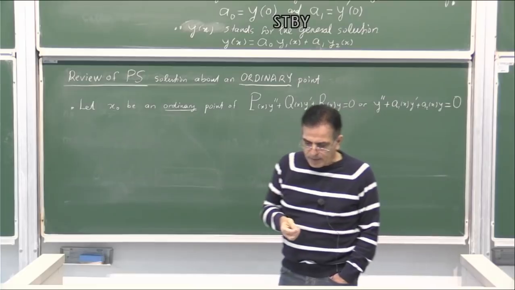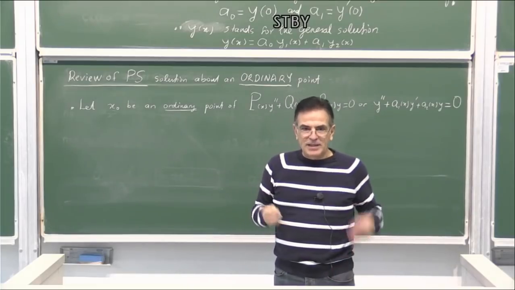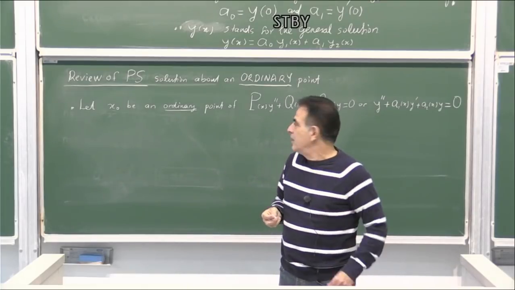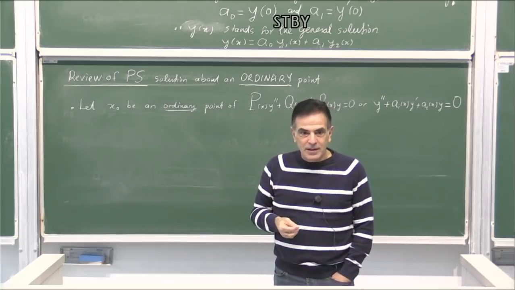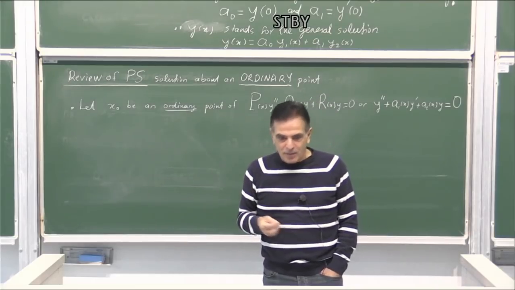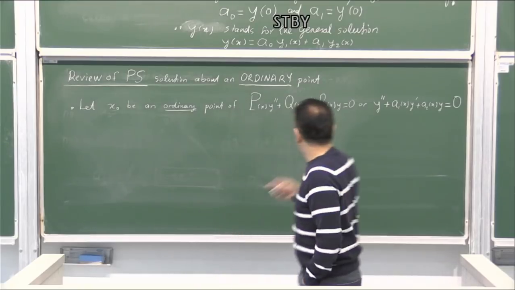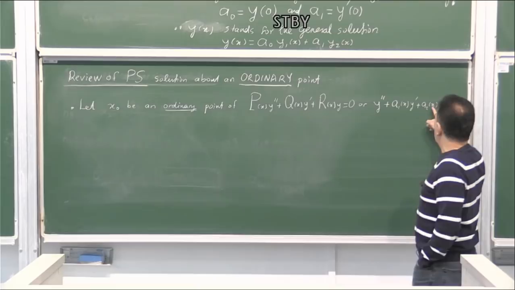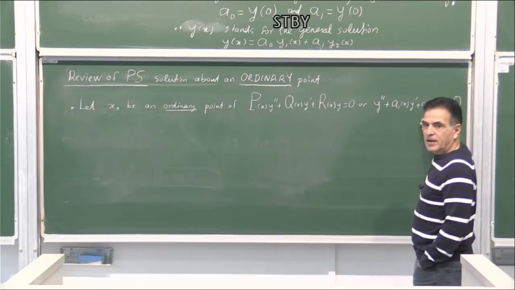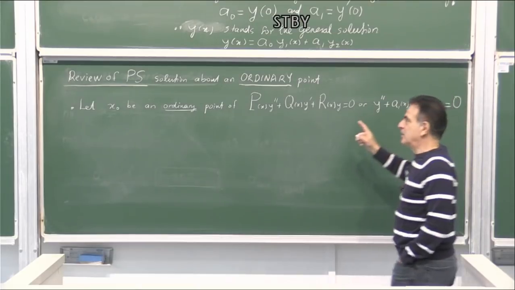Okay? So what do we mean by saying that x0 is an ordinary point? Remember the definition of an ordinary point? We mean that both a1 and a2 are analytic at x0.